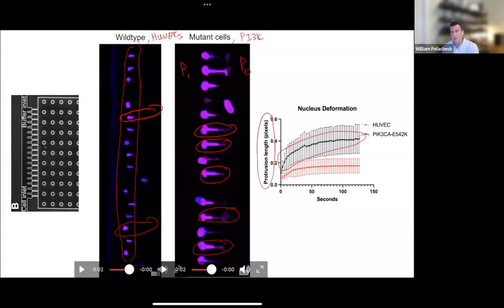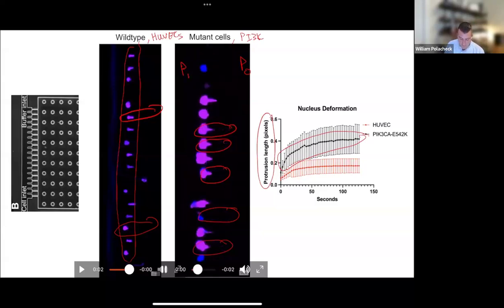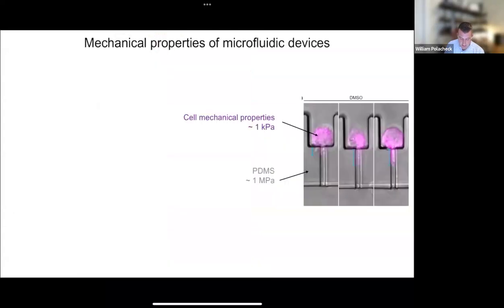So this demonstrates that all of the physical requirements that were stated on the previous slide allowed us to measure the mechanical properties of these cells, and illustrates how microfluidics might be useful broadly in mechanics studies that involve cells or collections of cells.